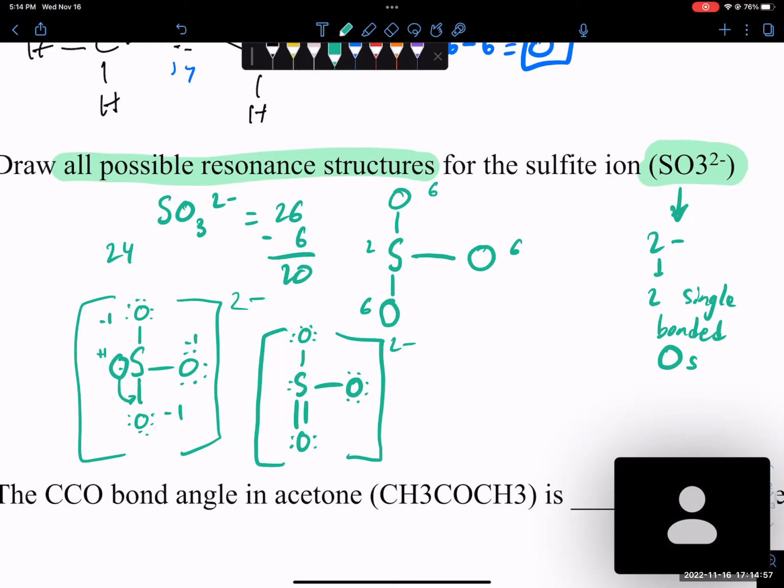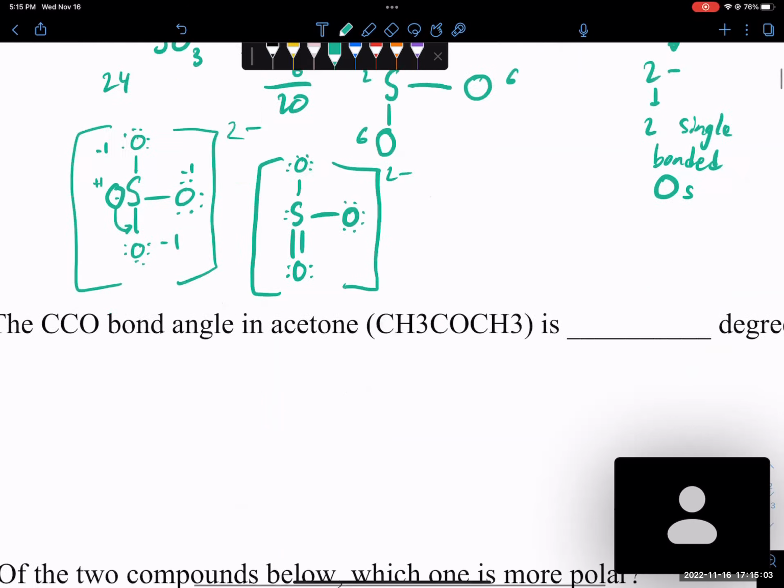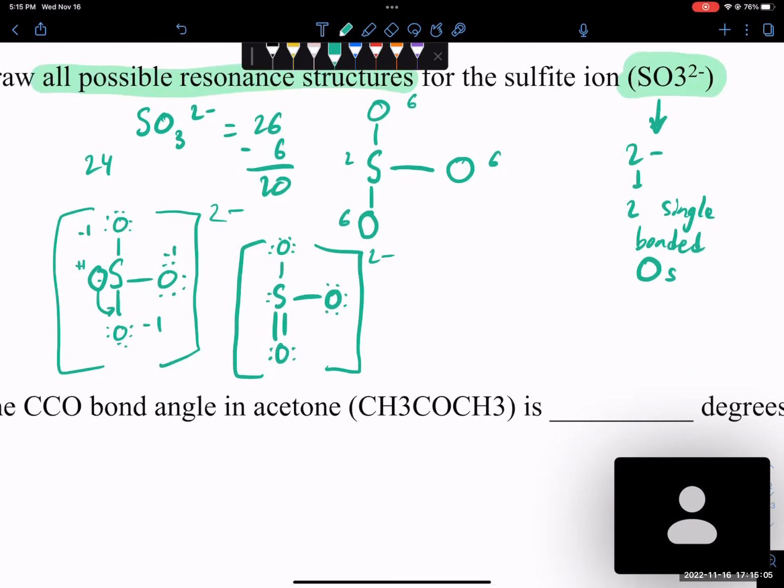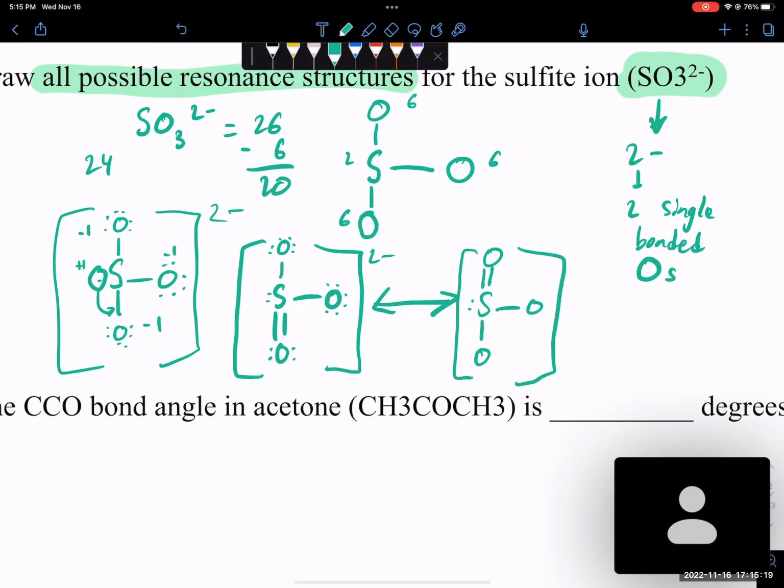So this is one structure. What are more structures we can draw? Yeah, just move the double bond to each oxygen. So it looks something like this. Just know that there are lone pairs here. I'm just not going to draw them for neatness' sake.